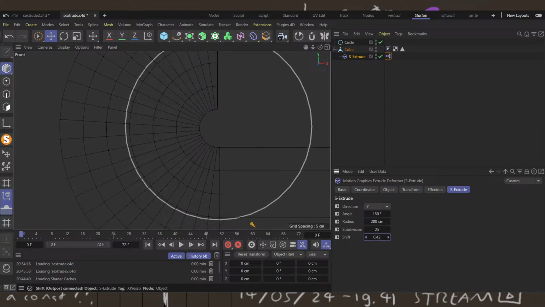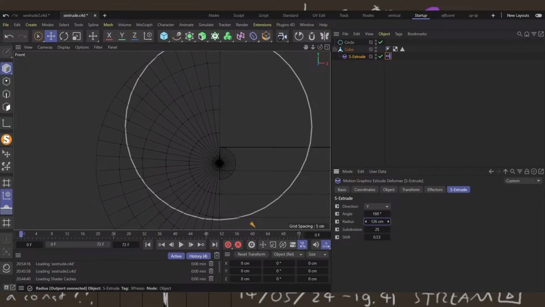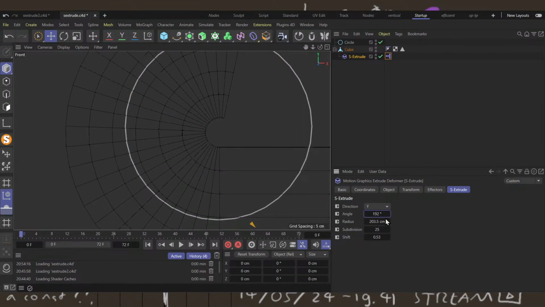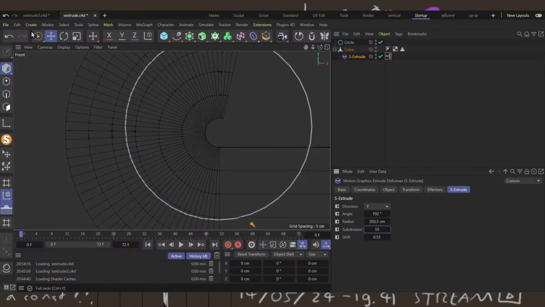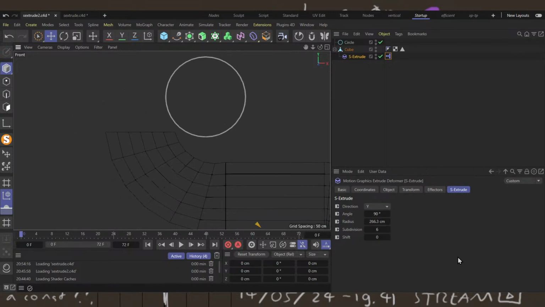So I use a multiplier thing for the shift, and you can see it retains itself as you change the radius. It doesn't retain well when you change the angle, but it does retain when you change the subdivision. This one is kind of the raw version where there's not really any calculation involved. If I change the subdivision, it also kind of moves in a different way.